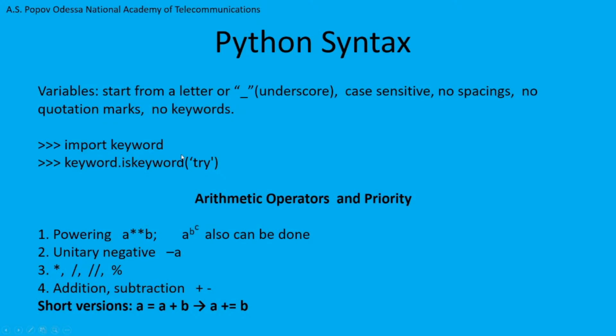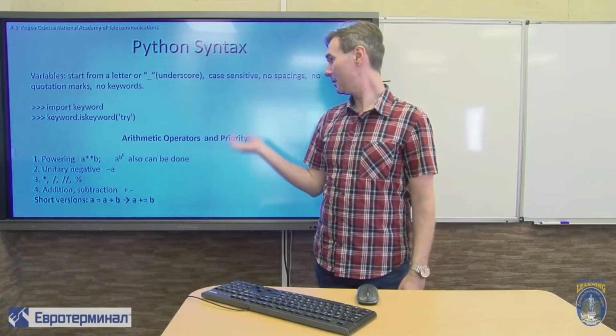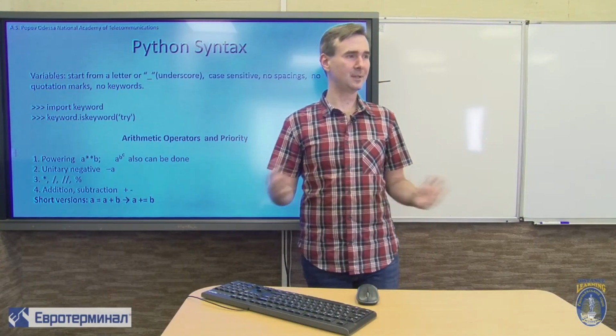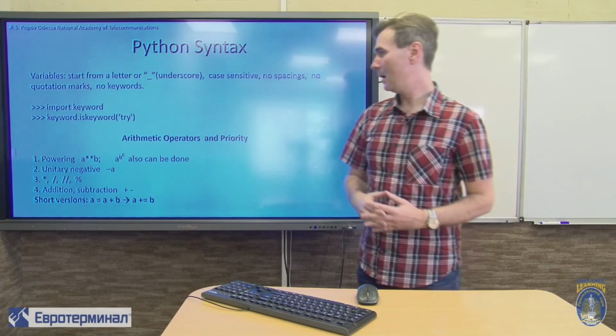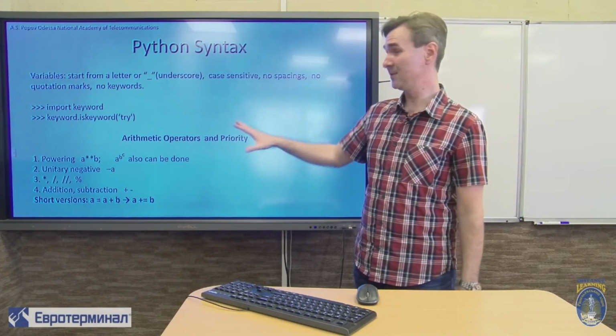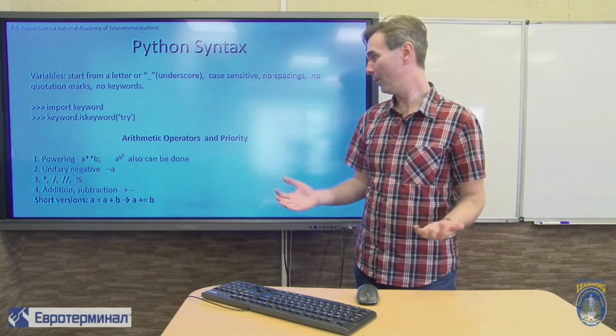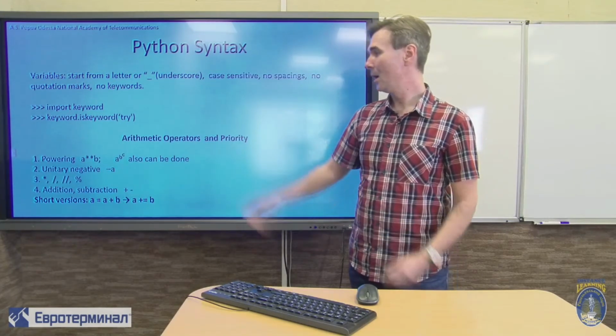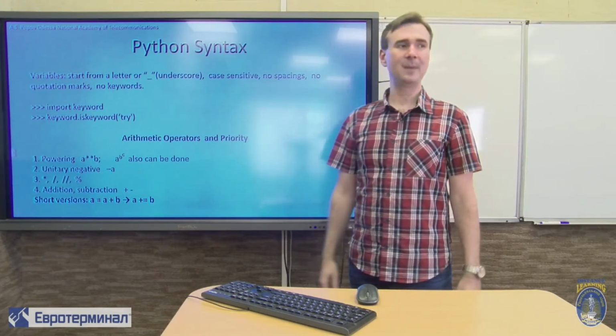Now, let's take a look at basic arithmetic operations and their priority. I hope you're pretty familiar with those from your school course, but let's refresh it. The first is powering.